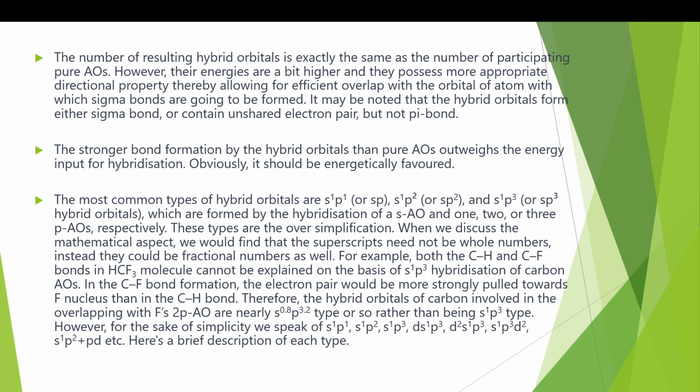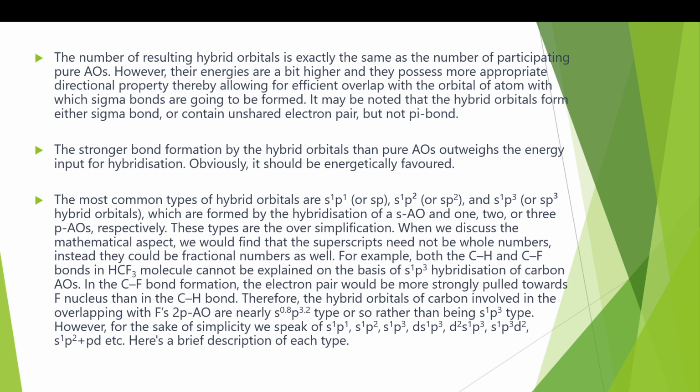These types are an oversimplification. When we discuss the mathematical aspect here in this video, you would find that the subscripts need not be whole numbers. Instead, they could be fractional numbers as well. For example, both the C-H and C-F bonds in HCF3 molecule cannot be explained on the basis of s1p3 hybridization of carbon atomic orbitals.